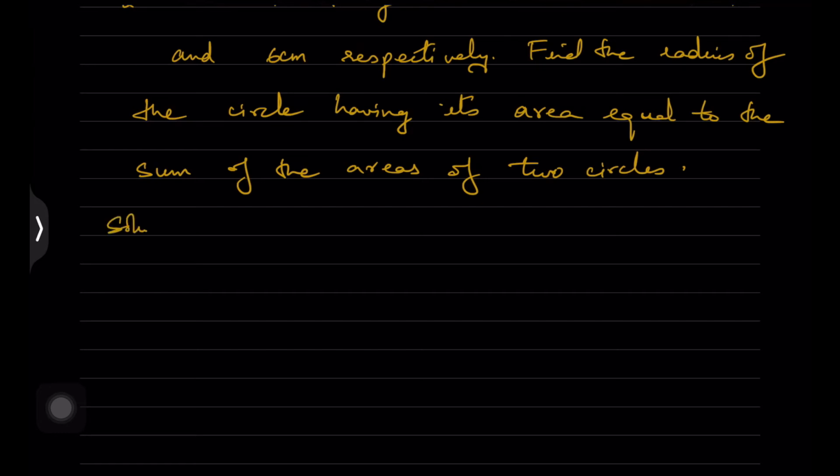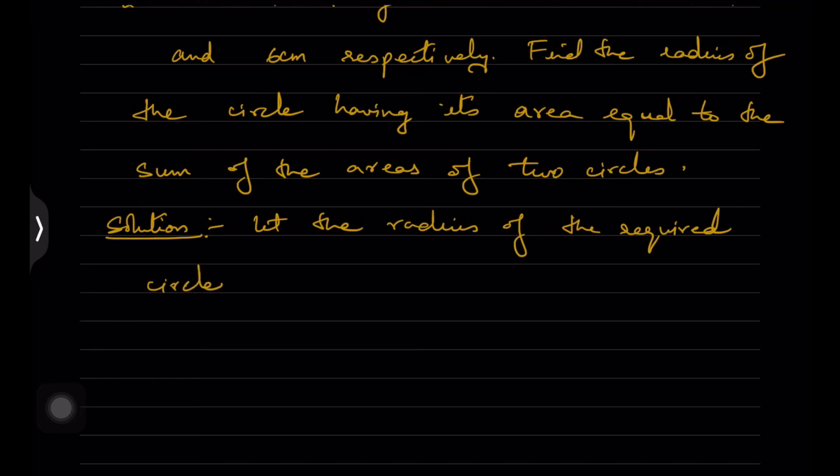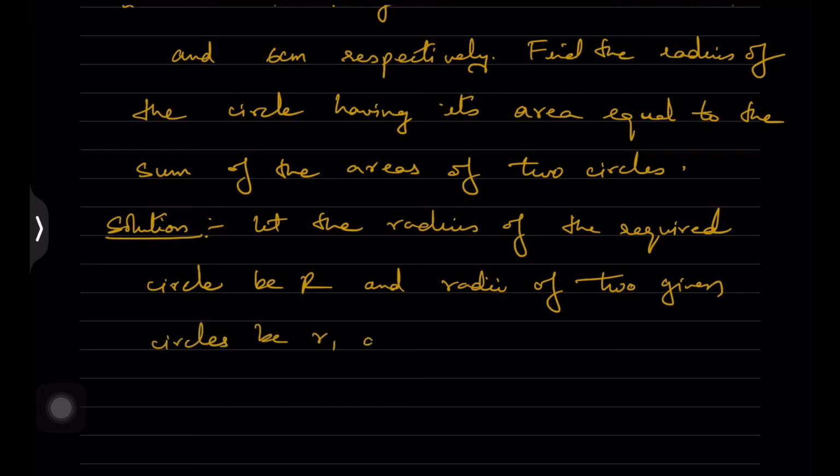So, the solution over here: let the radius of the required circle be capital R and the radii of the two given circles be R1 and R2.